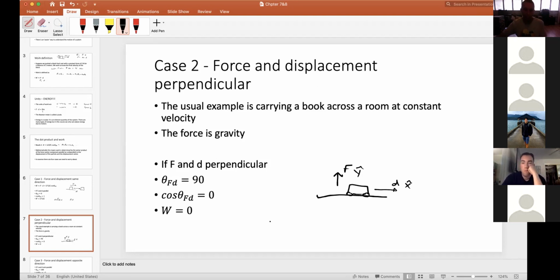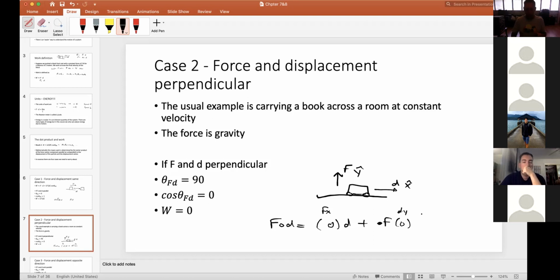In this case, F dot D would be 0. There is no F_x times D, plus F times 0. This is F in the x, this is D in the y. You get nothing. A force that acts perpendicular to the displacement gives you no work.